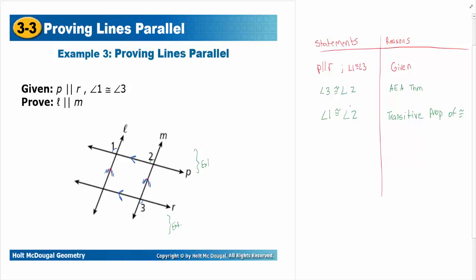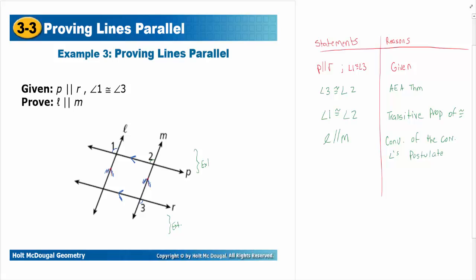Now that you know that angle 1 and 2 are congruent, that's one of our postulates. Those are corresponding angles. Since I know that they're congruent, I know that L and M are parallel. So I can say L is parallel to M, and that's by the converse of the corresponding angles postulate.